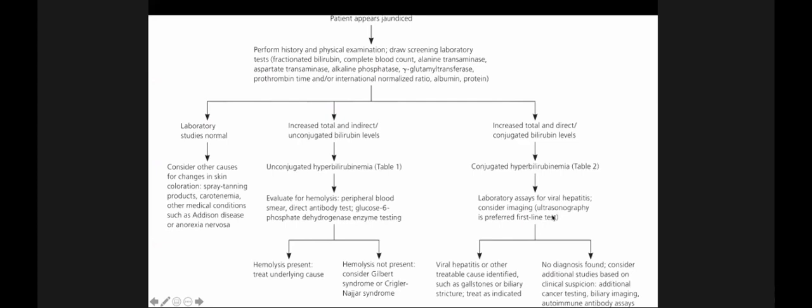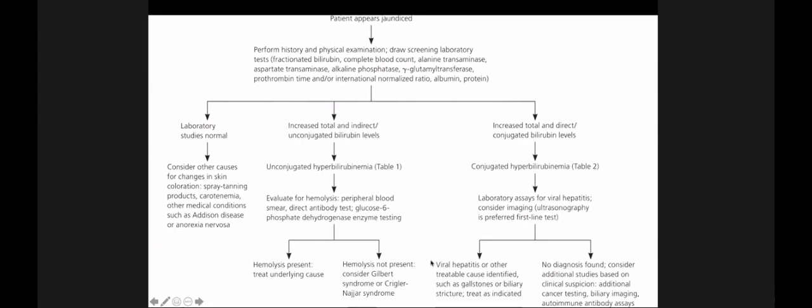Ultrasound is the first test that you are going to do, rather than, say, MRCP or CT abdomen. Ultrasound gives you data. So if viral hepatitis or another cause is identified, you treat. Could be gallstones, could be a stricture, and so on.